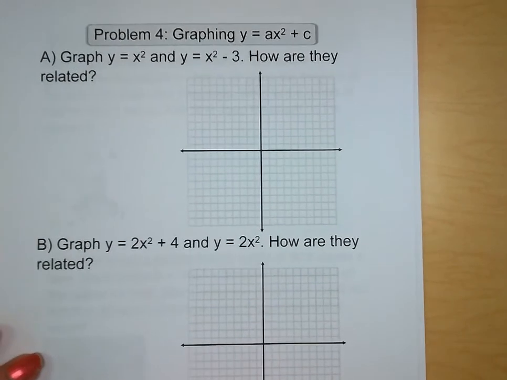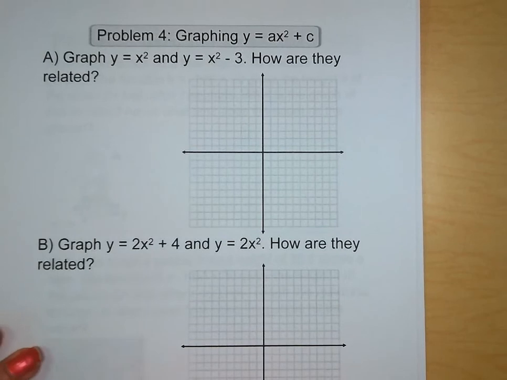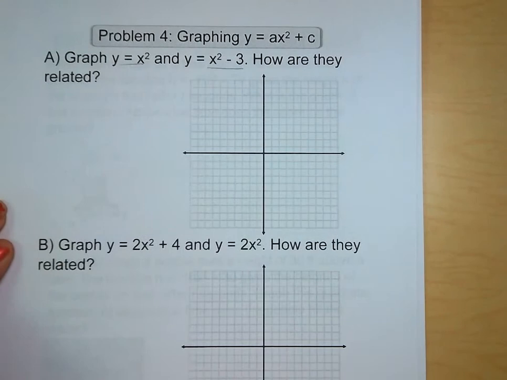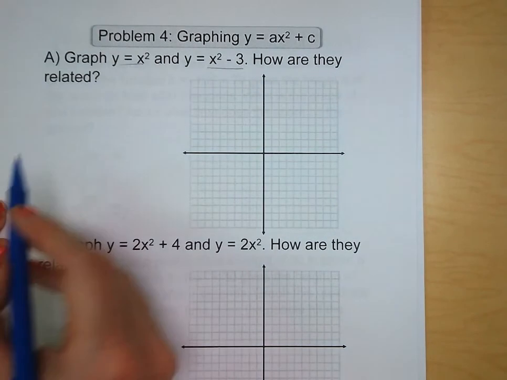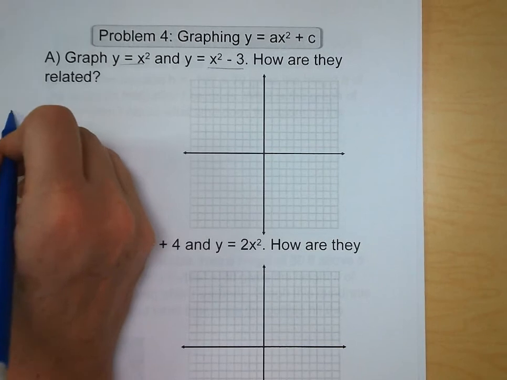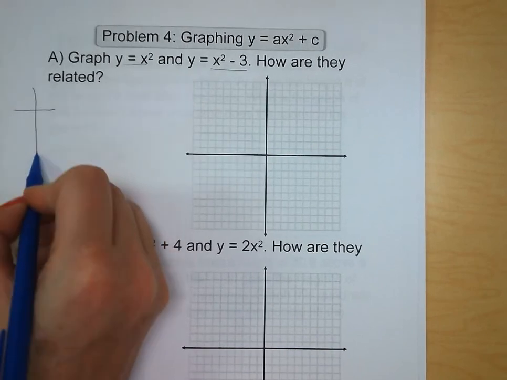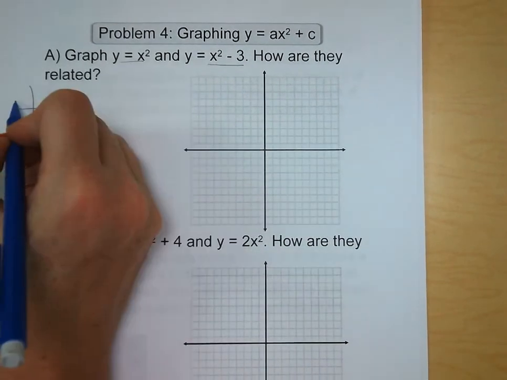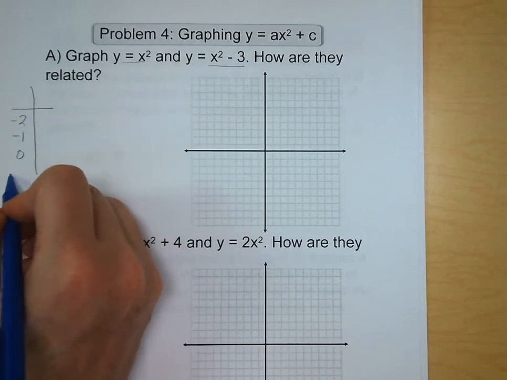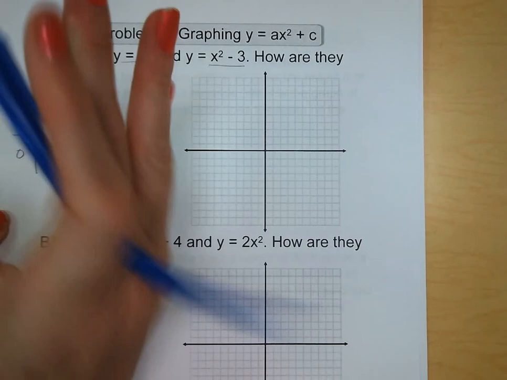All right, problem 4, we're going to graph equations that are in the form y equals ax squared plus c. So we've got our parent function there, y equals x squared, so we can graph those points pretty quickly. So we've got negative 2, negative 1, 0, 1, and 2 as our inputs.